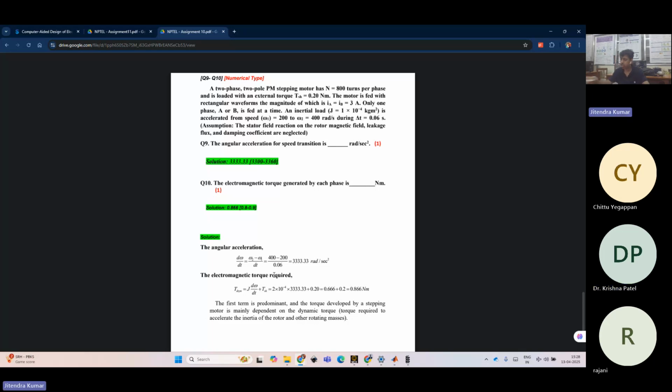Let me calculate it. Yes, I am getting this answer. So 0.533. I think we discussed it last week. So the correct answer is 0.533, question number 10, week 10.